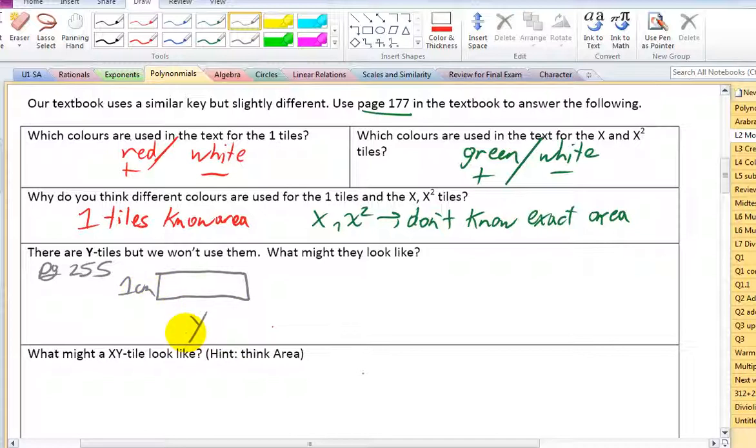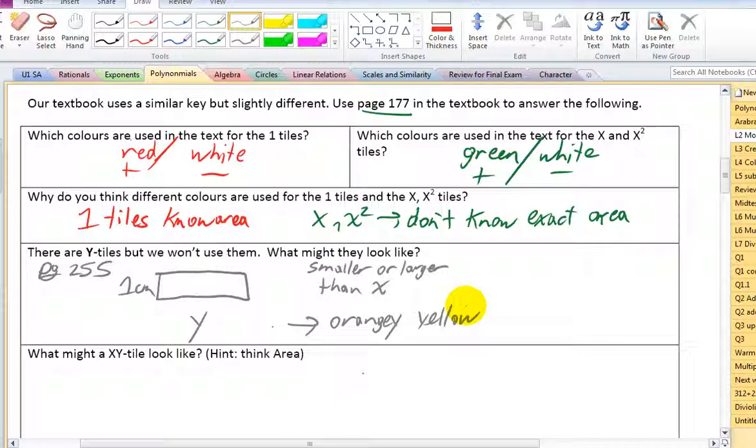This will be size Y. It can either be smaller or larger than X. It just can't be the same size of X, although it is X. The textbook actually uses, I believe, orange or yellow. I'm not sure what you'd call that. Orangey yellow.